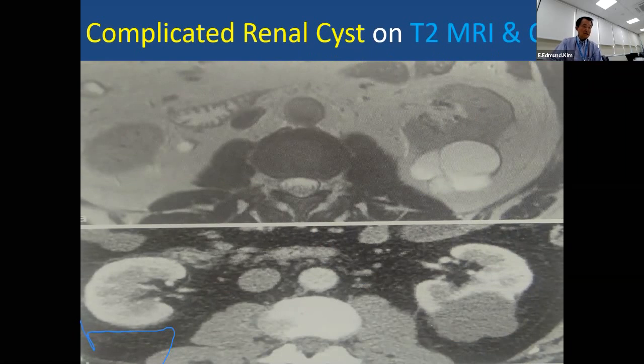So complicated cyst, the margin is complicated, but some regions are not. On T2 the cyst fluid shows high signal, margins are clear, but some are not clear, so it's a slightly complicated cyst.